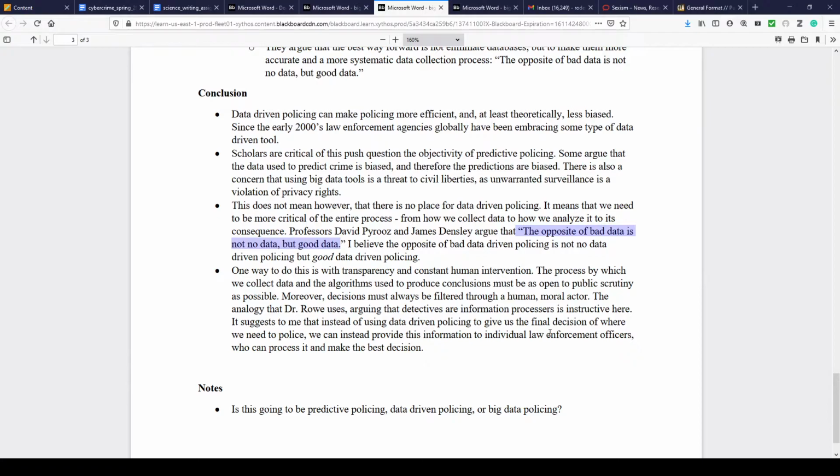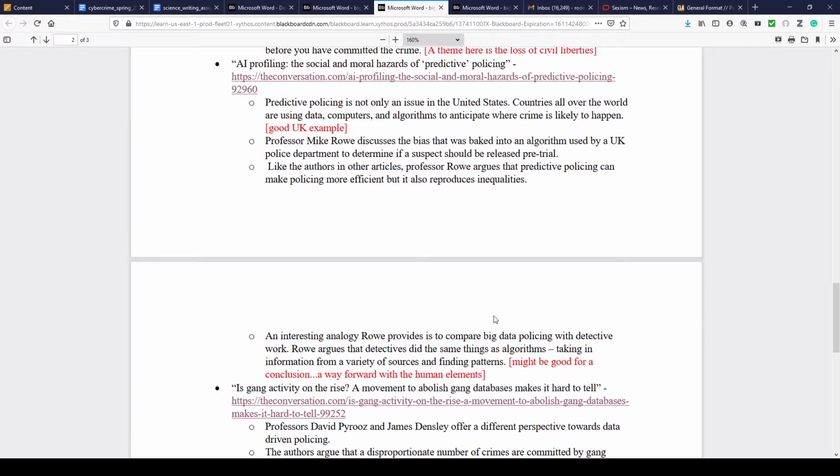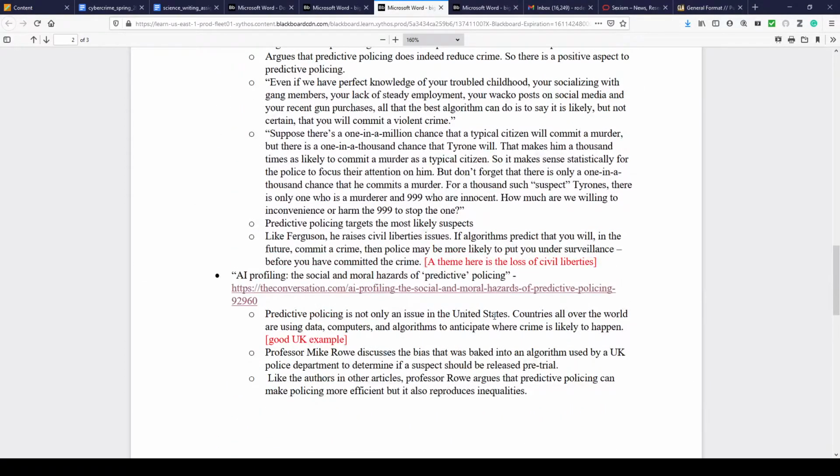By the way, since we're talking about quotes, it's okay to use quotes, but you want to use them judiciously, right? It's not something that you should just use to take up space in your paper. But some are very good. Sometimes you read something and you go, I can't say this any other way, or I want to show the reader that I'm engaging with this scholarship and this professor, right?